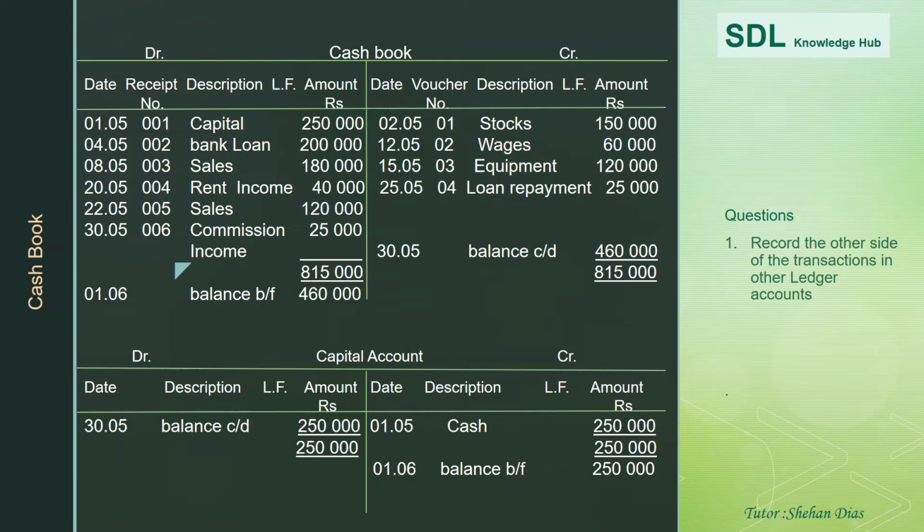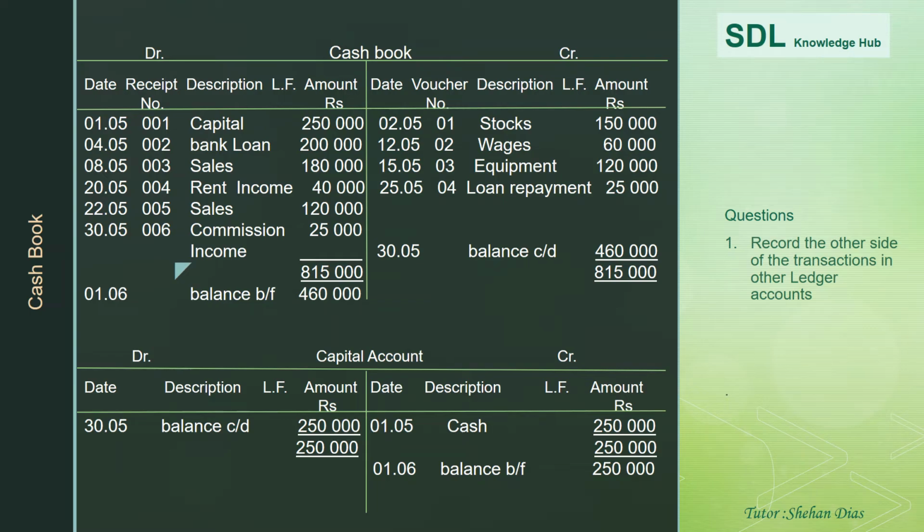Then paid wages for 60,000. So cash book will be credited because money going out, assets reducing. So voucher number 2 on 12th of May, credit cash book stating wages 60,000 and open wages account and debit wages for 60,000. Bought equipment for the business use rupees 120,000.